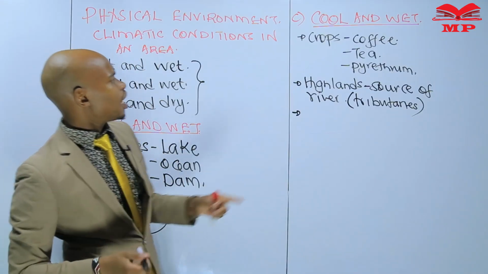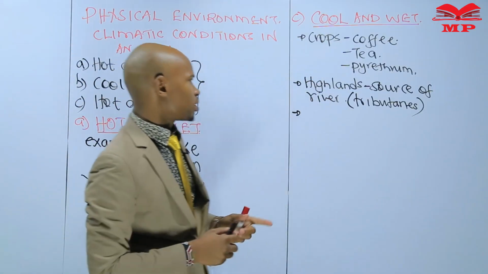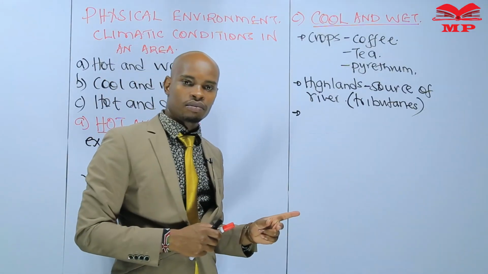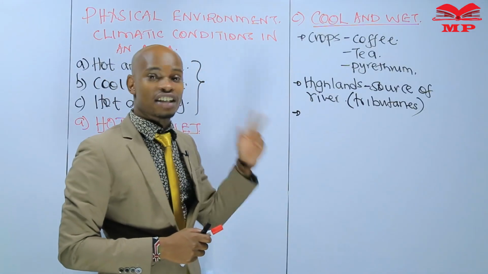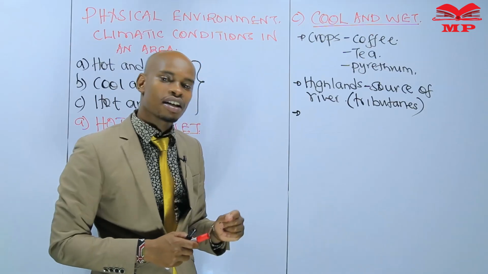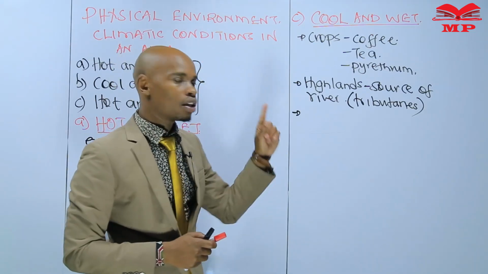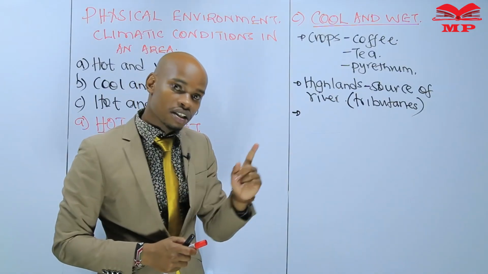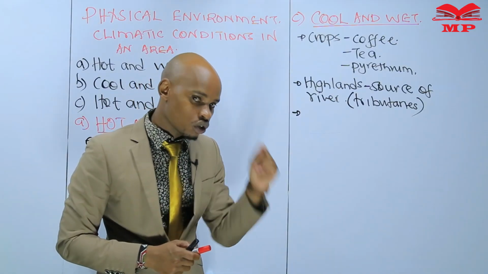So these are two good examples that you are supposed to be looking for when you want to ascertain that an area has cool and wet conditions.